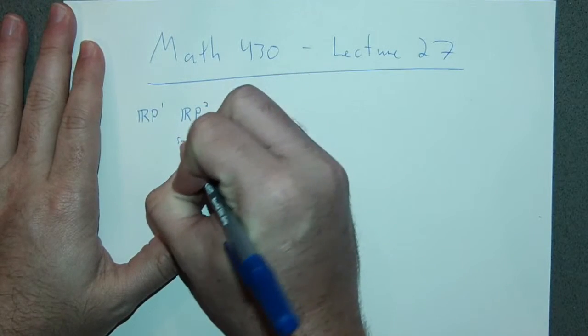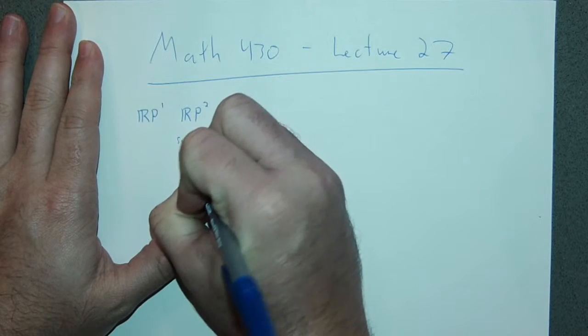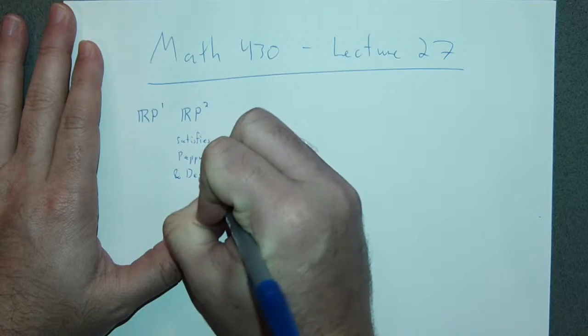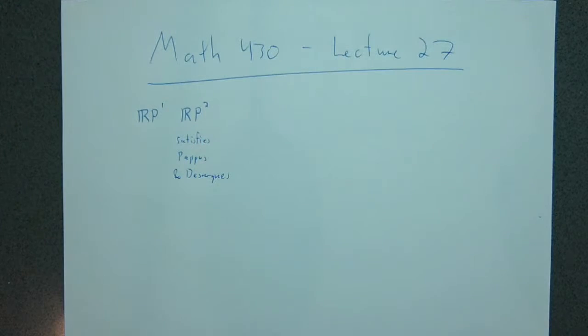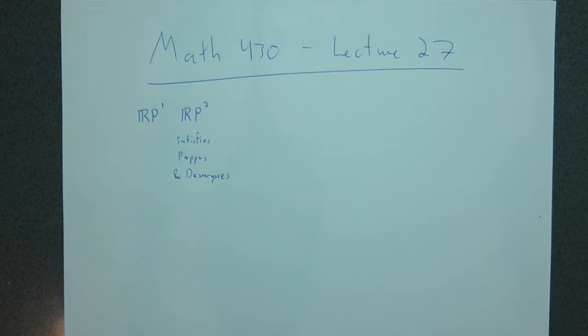So this satisfies Pappus and Desargues. And so the construction that we did of coordinates, of constructing coordinates on our projective plane without the use of numbers, was something that we could do. So this construction works perfectly fine in RP2.